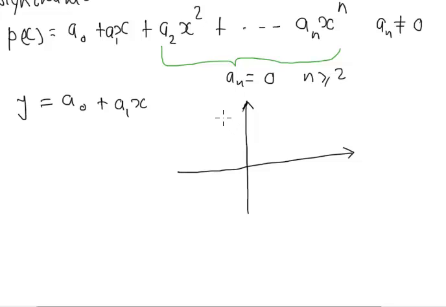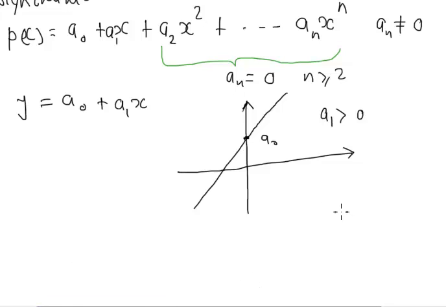So if a1 is greater than 0, and suppose a0 is somewhere there, then the line will be something like this. In other words, the line is growing as you move from the left to the right, isn't it?